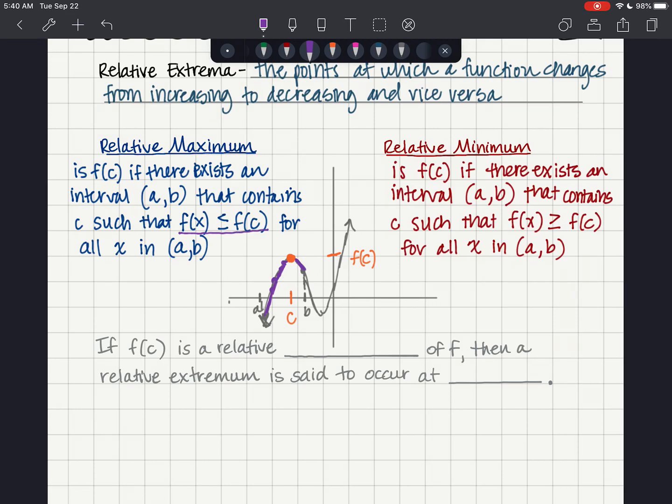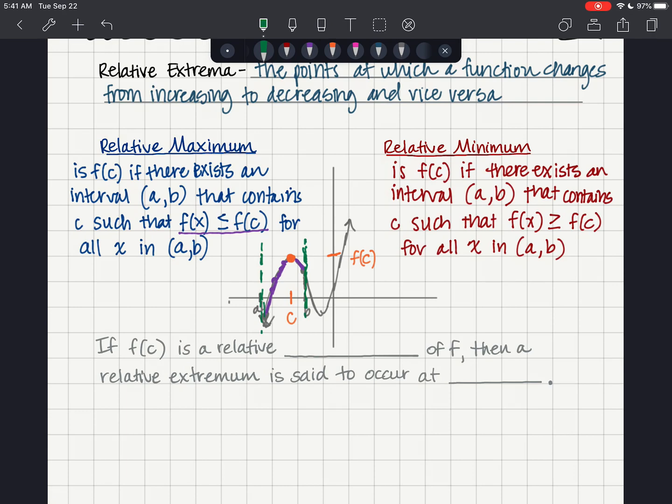Therefore, f of c is going to be a maximum, and it's going to be a relative maximum. The reason why it's a relative maximum is because it just happens to be a maximum in this area that we're talking about. So in this particular region, we have a relative maximum.